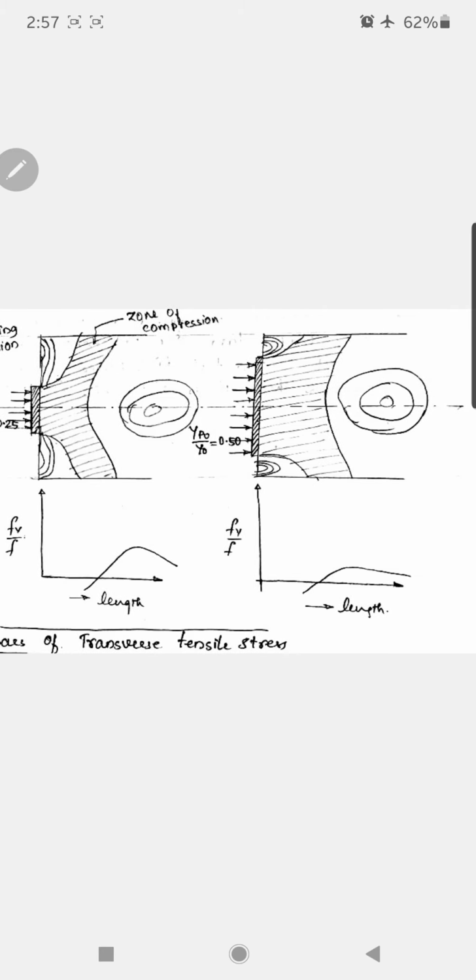So the tensile stresses are getting reduced and the compressive stresses are getting increased. We know that concrete is good in compression, so these compressive stresses can be taken up by the concrete, and we are trying to reduce the tensile stresses. If you increase the depth of the anchor plate, the tensile stresses will get reduced.